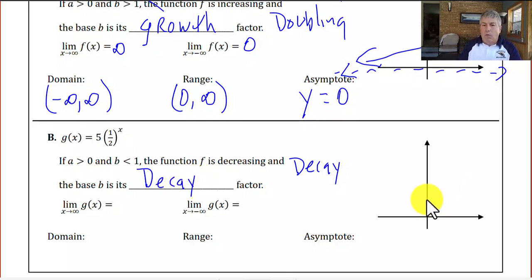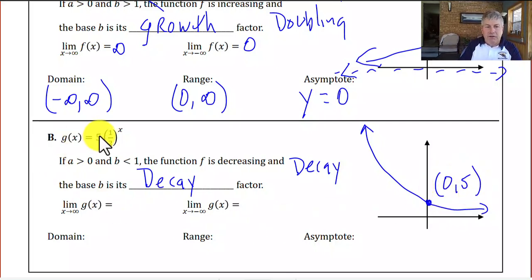Now, our function is going to go the other way because it's decay, right? As x gets really big, our outputs get smaller and smaller and smaller. This particular graph is going through (0, 5) because our coefficient here is 5. And the limit as x approaches positive infinity, we can see that's getting closer and closer to 0.